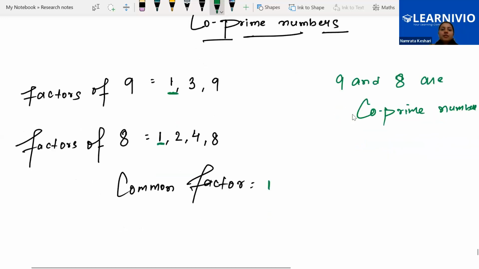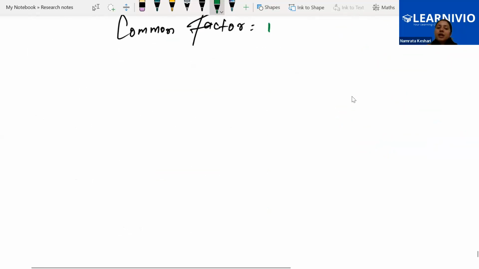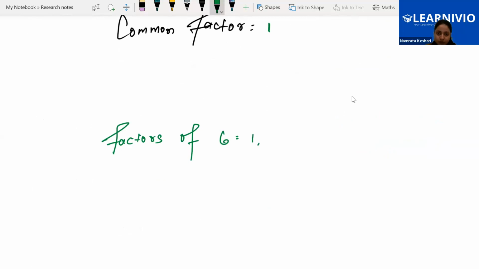Now, if we take another example, let's list down the factors of 6. Please tell me what are the factors of 6. Ma'am, the factors of 6 are 1, 2, 3, and 6. Perfect. And if we list down the factors of 4?